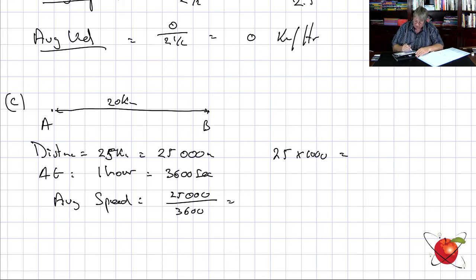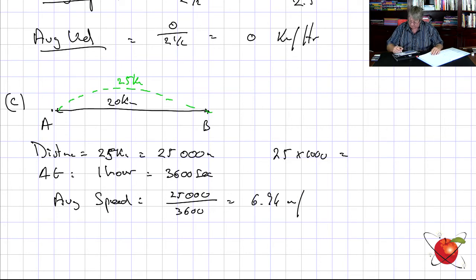What actually did he do? He did this, didn't he? In actual fact, the guy went 25 kilometers. So therefore, the average speed is distance over time, and 25,000 over 3,600 is going to be 6.94 meters per second, or ms minus 1.